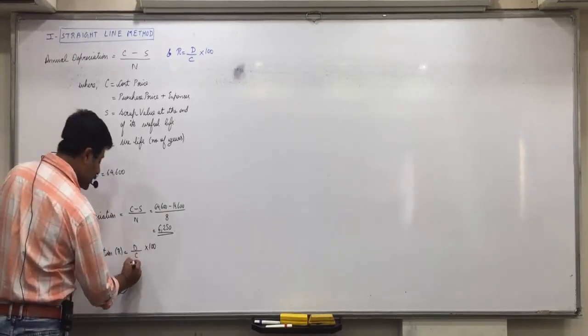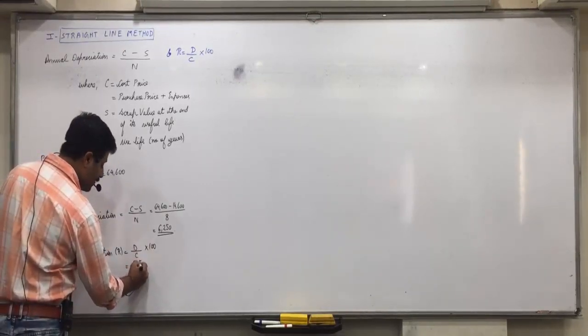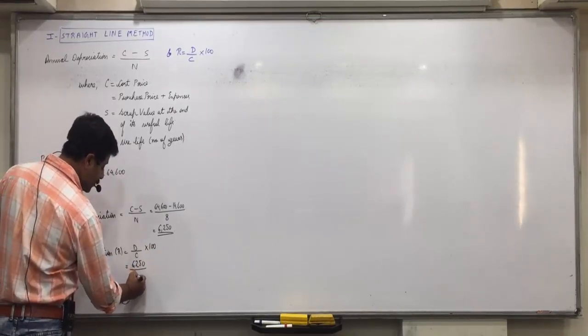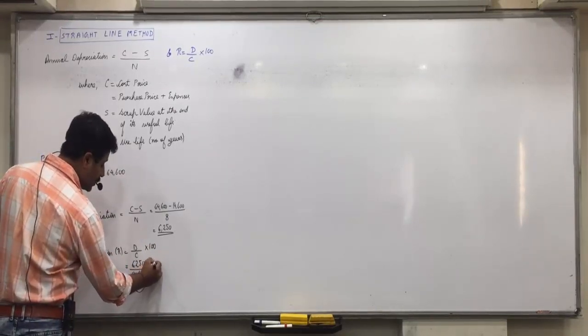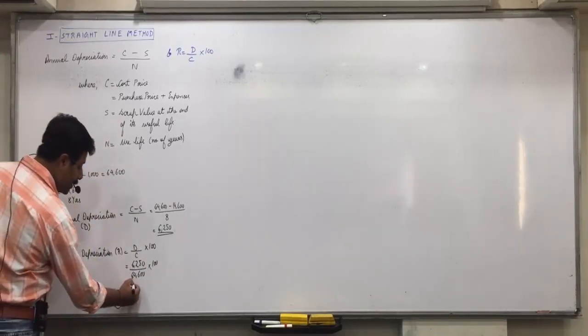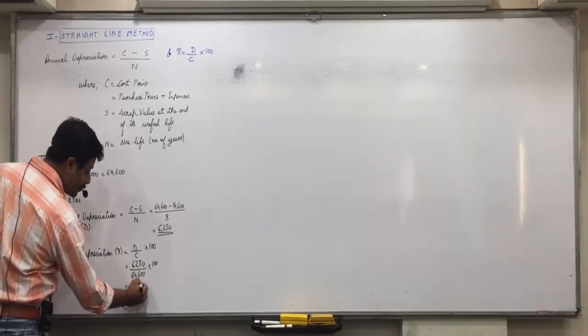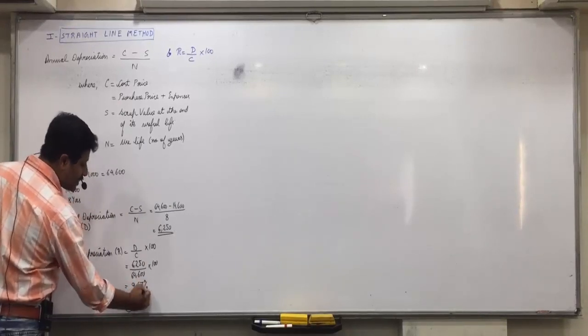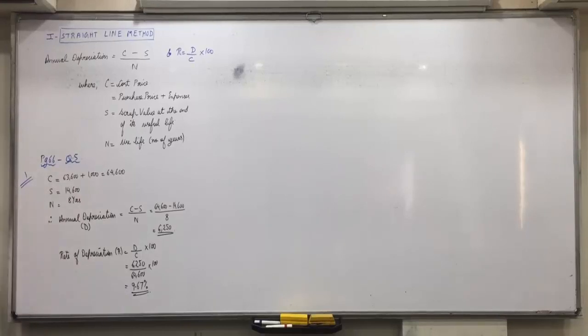Depreciation 6250 divided by C, cost price, 64,600 into 100. 9.67%. Okay, so 9.67% is the rate of depreciation.